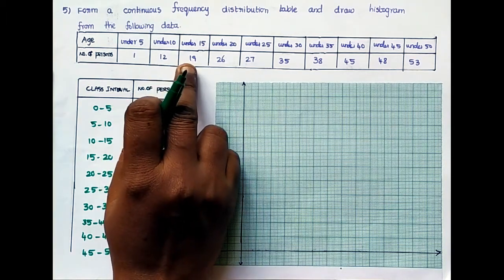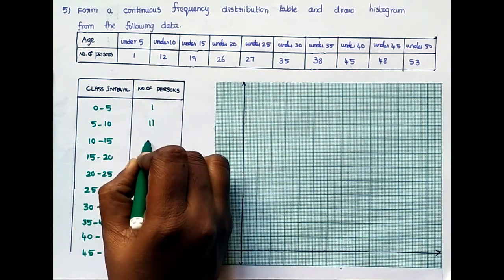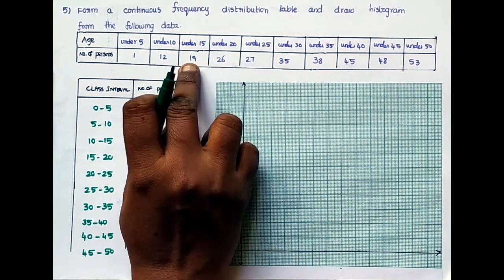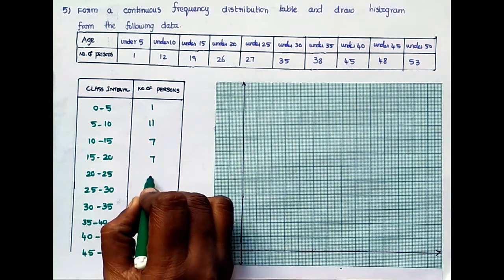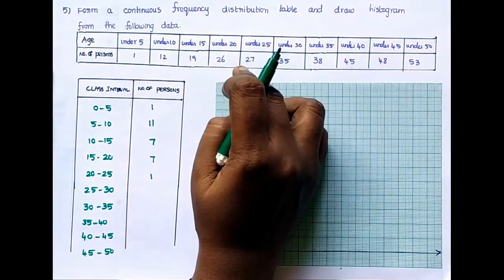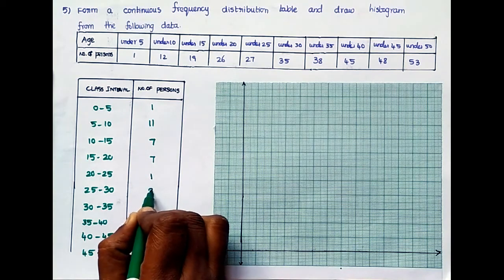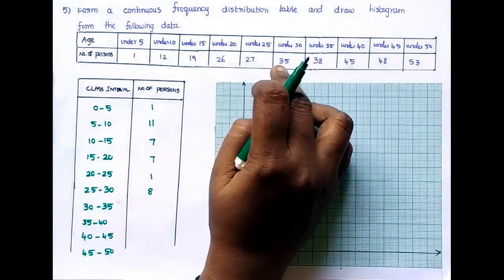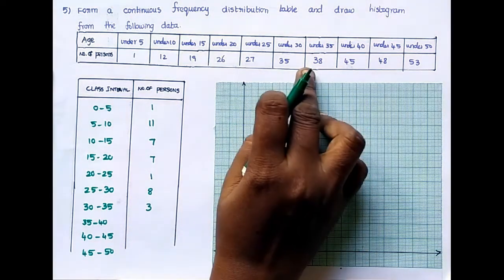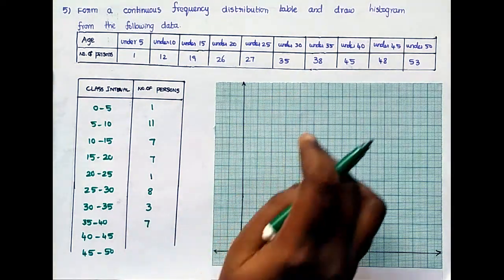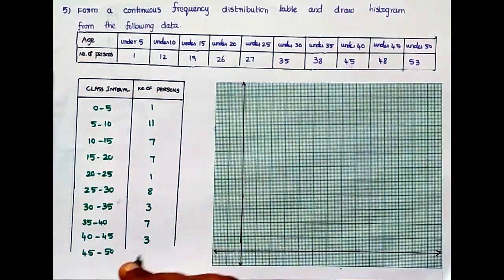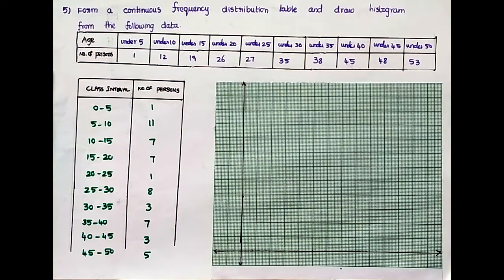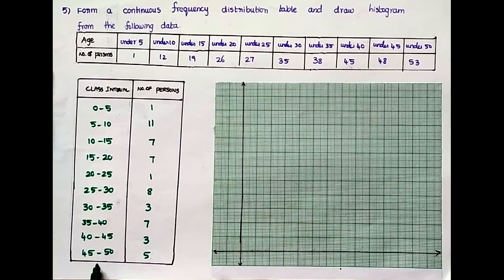And here 19 minus 12, that is 7. 26 minus 19, that is also 7. 27 minus 26, that is 1. 35 minus 27, that is 8. 38 minus 35, 3. 45 minus 38, 7. 48 minus 45, 3. And 53 minus 48, 5. Total 53.